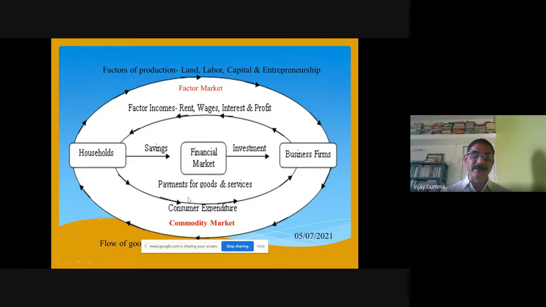Similarly, on the other hand, the income received by the household sector in the form of rent, wages, interest, and profit is spent on the purchasing of goods and services.